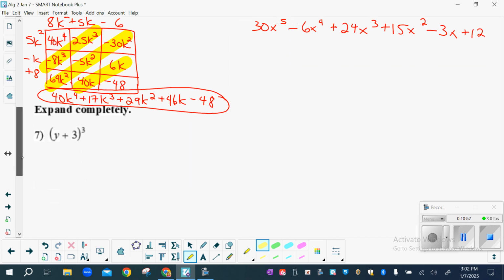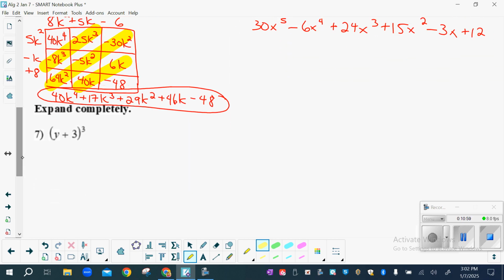So what do we do on number 7? Write it out 3 times. That's right. So it's y plus 3 times y plus 3 times y plus 3. And then what do we do? Multiply it. So how do we distribute it when there's 3 of them like that?